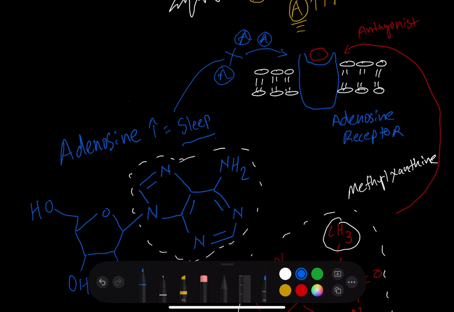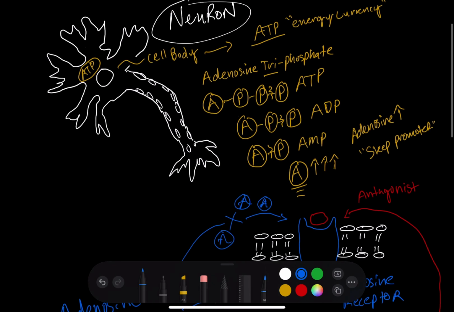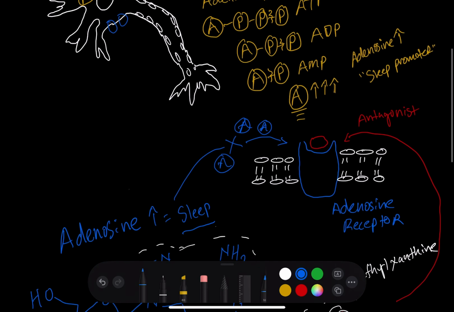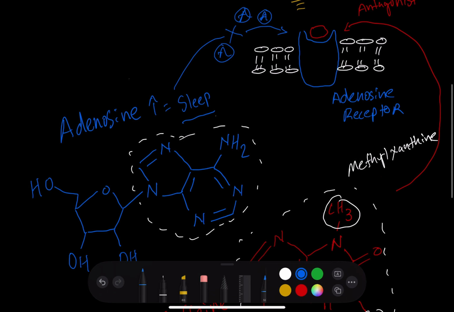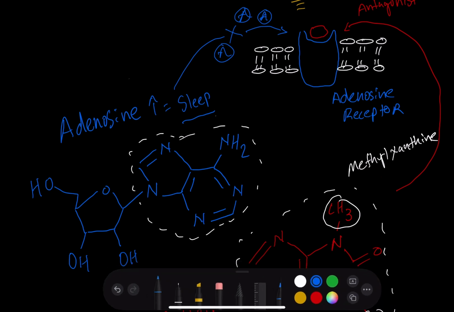It competes for the adenosine to bind to that adenosine receptor, right? And that's all up here in the central nervous system. You can imagine that these adenosine receptors are located everywhere on the neuron. Okay. So what that's going to do is caffeine is going to block or make it harder for you to feel sleepy. Okay.